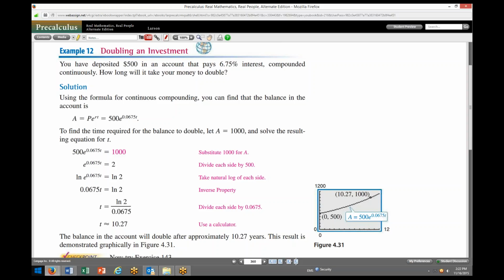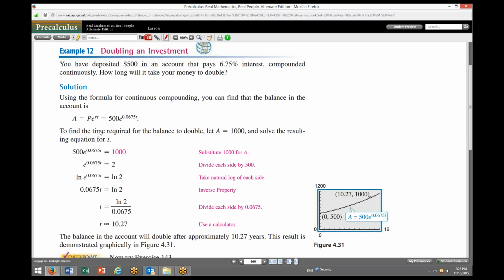So that means we know 3 of the 4 unknowns in this equation. A equals P times E to the RT. We have A, P, R, and T, and we know now 3 of the 4, so we can, yes, use an equation and find the 4th one, T. So what we do is let A equal 500 times 2, which in this case is 1,000.